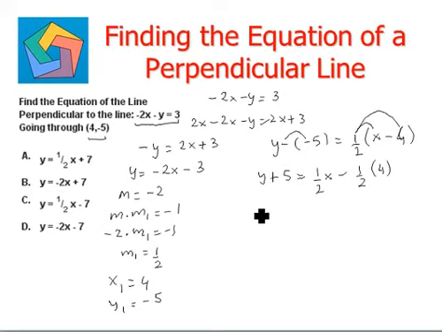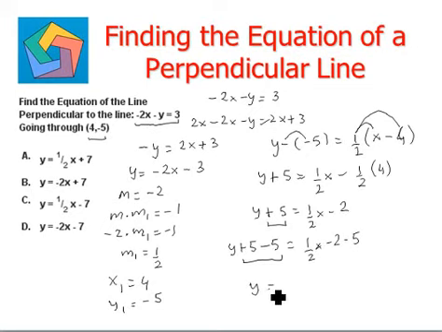So y plus 5 equals half of x minus 2. Now we have to make the 5 zero, so we subtract 5 on both sides: half of x minus 2 minus 5. This becomes 0, y equals half of x minus 7. This is the final answer, and let's see which option it matches. This is matching with option C.